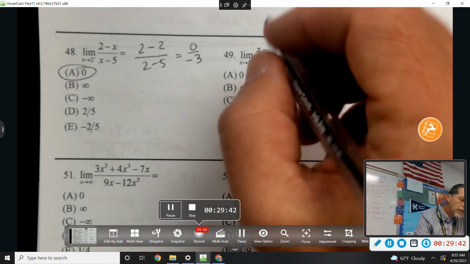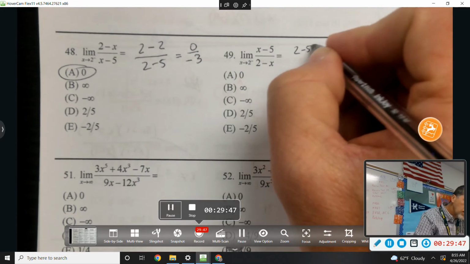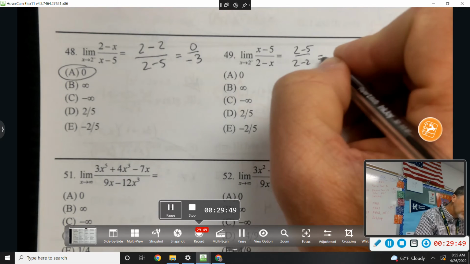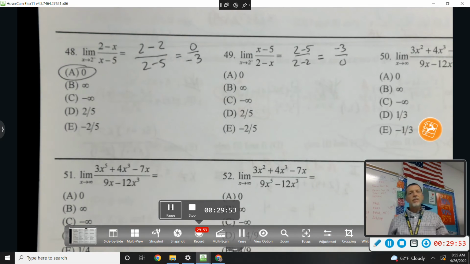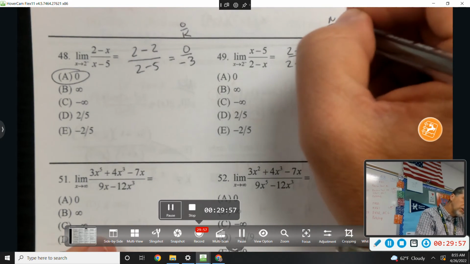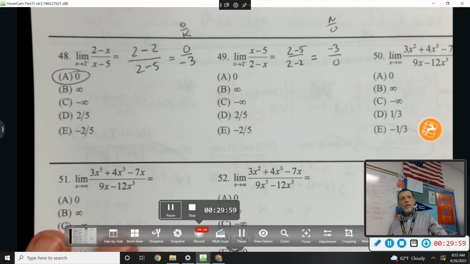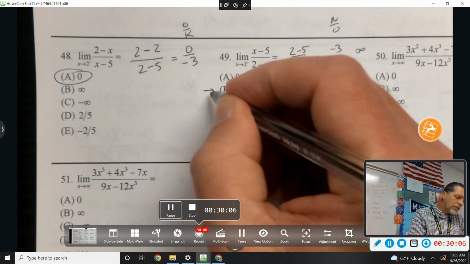For 49, if we plug in 2 minus 5 over 2 minus 2, we get -3 over 0. Okay, that's a different ball game, right? Because this is okay versus no. So it's no, it's an asymptote, it's infinity, but I've got to figure out which infinity it is.